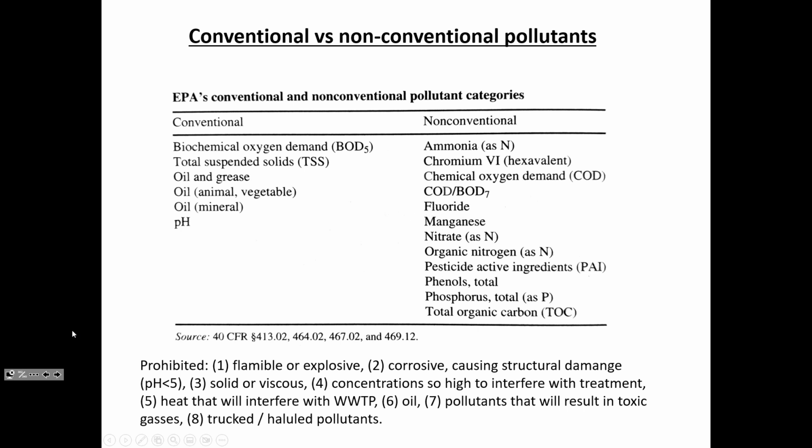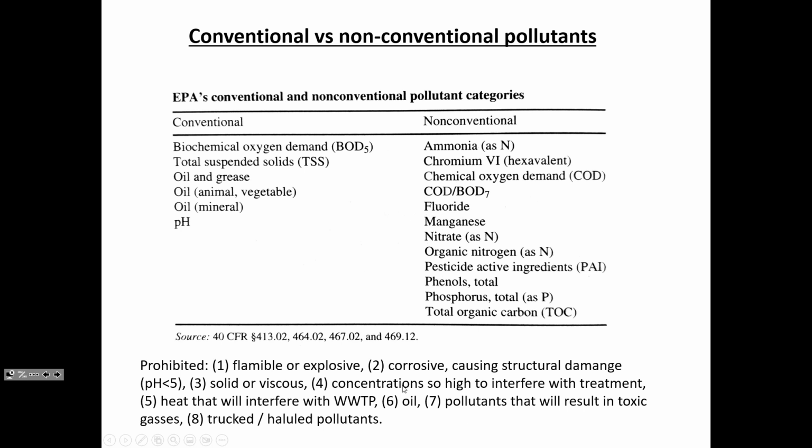For example, for obvious reasons, it's not allowed to discharge flammable or explosive materials to a sanitary sewer. Even though hydrogen sulfide is a gas that can cause a lot of problems, it pales in comparison to what would happen if someone was discharging gasoline or explosives down into the sewer.